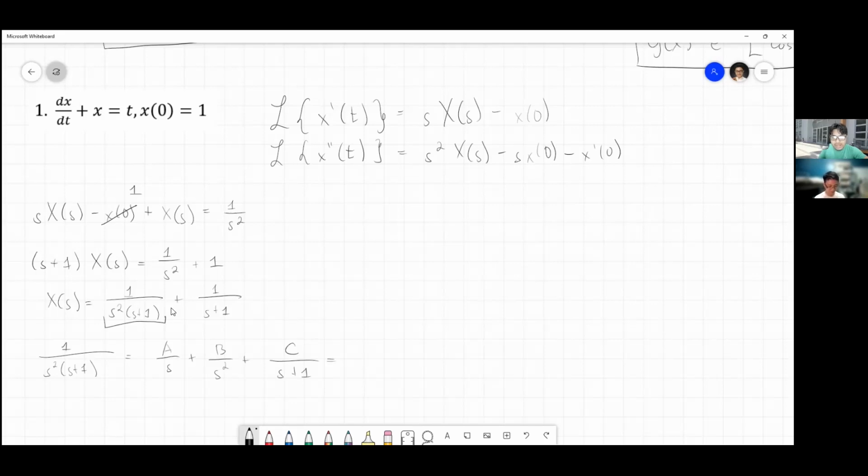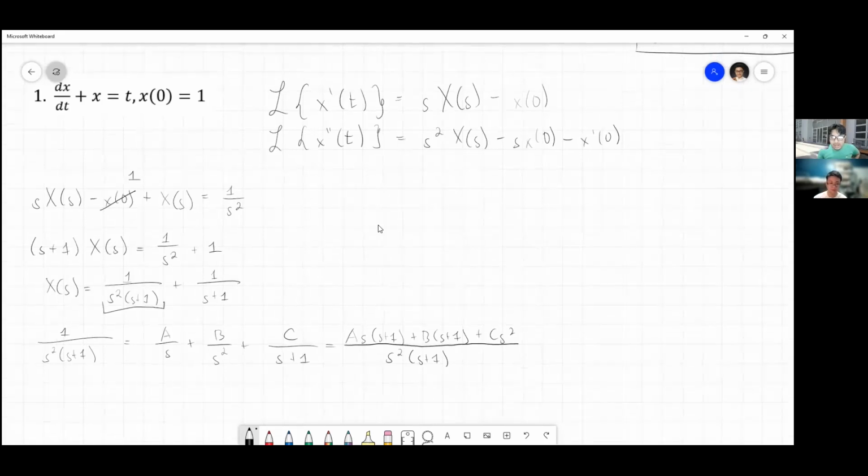Multiply nyo lang pabalik, that would be A s plus 1 plus B s plus 1 plus C s squared, all over all of these s squared s plus 1. And then match nyo lang kung ano yung mga magkakasamang exponents dito.